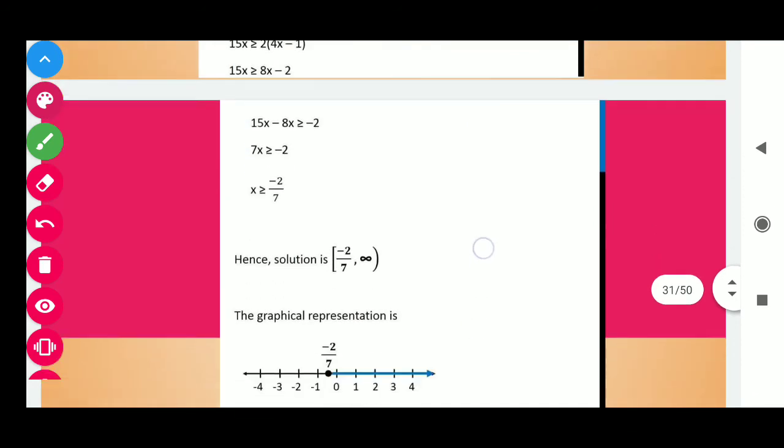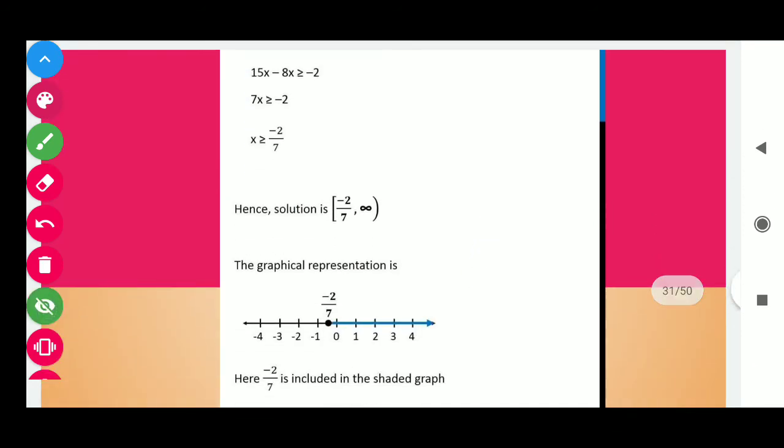So students, this is our required answer, but you have to show this number on the number line. For that, make a real line. You can see here the diagram that I am sharing with you. In the graphical representation, minus 2 over 7 lies between 0 and minus 1. So in this way the values are greater than minus 2 over 7, so you have to darken the right hand side portion.